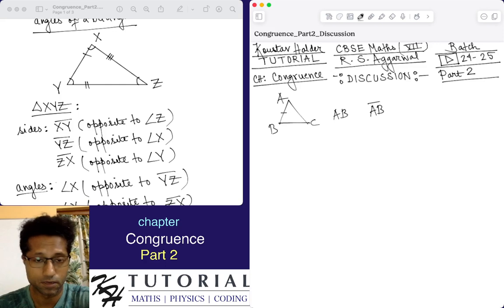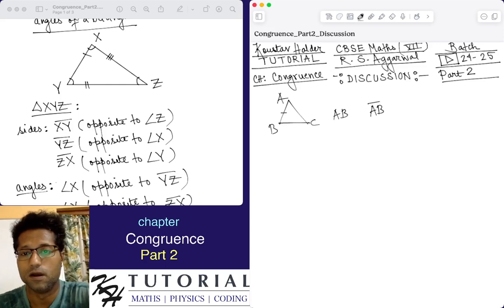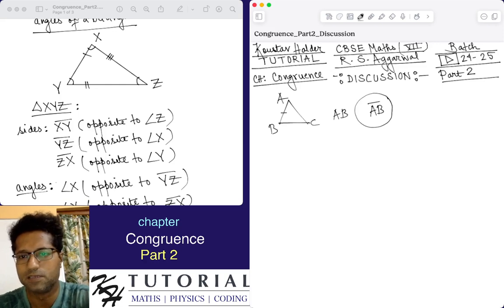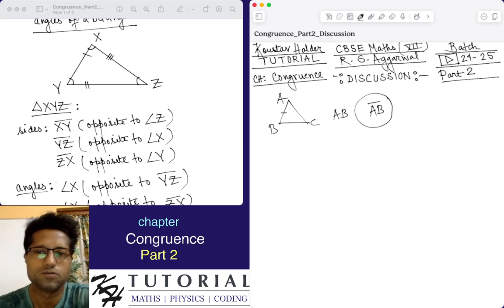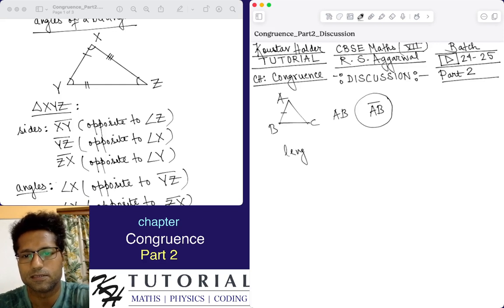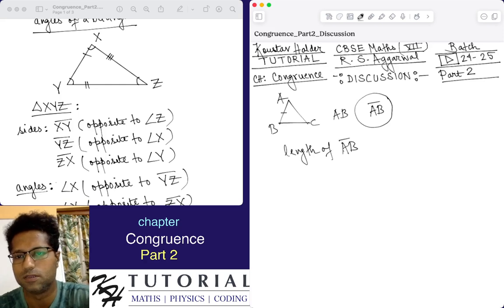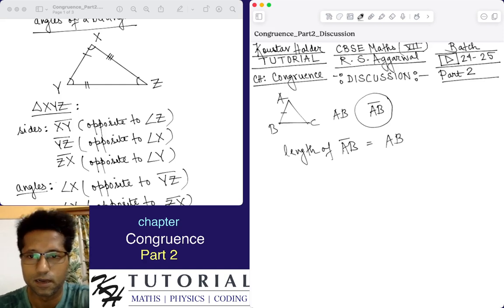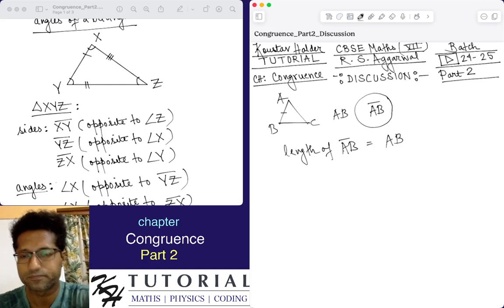I apologize for this. Actually, the side AB is denoted by AB with a bar. A bar means it's a line segment, and AB without a bar is actually the length of the side AB. So AB bar is the name of the side AB. I was discussing it the other way around. Anyway, I'm sorry for that. I just wanted to clarify this.